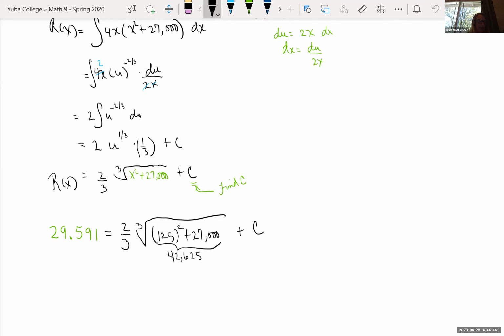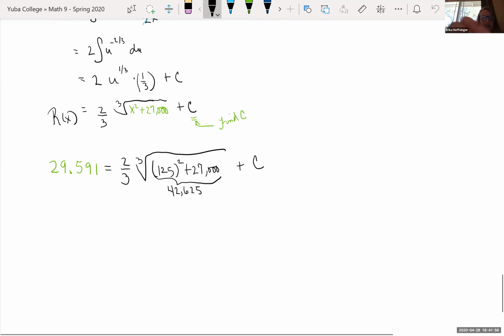Let me just clear that one more time. So that raised to the 1/3. This is what I got, and I'm approximating now. So 29.591 is equal to 2/3 all times the cubed root of 42,625. I got 34.93.